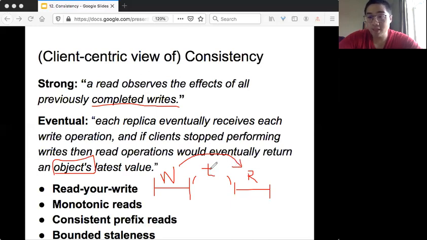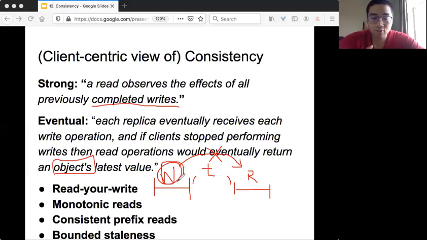However, if this t is very small, maybe say 1 millisecond, then basically you don't have time to propagate your written values. So realistically, you should not expect the read operation to return the value written by this write. Okay, so that's the notion of bounded staleness.